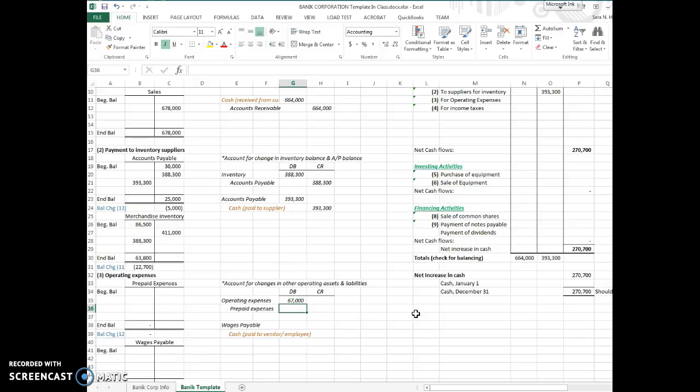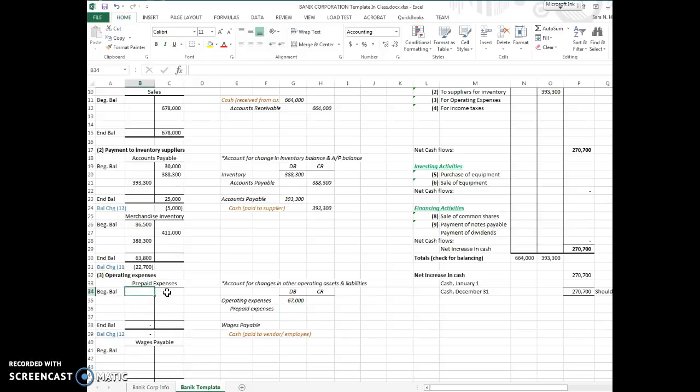But I also want to then visit my balance sheet and see, do I have any balance sheet accounts that maybe would be slowing down that cash transaction? As I look at my balance sheet accounts, we've already dealt with cash, accounts receivable and merchandise inventory, but prepaid expenses is a good example of one of those accounts where we might have had a delay in the cash transaction.